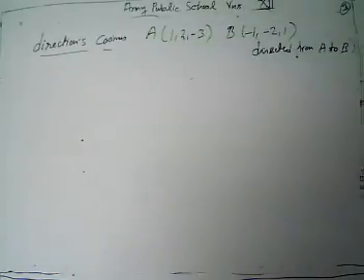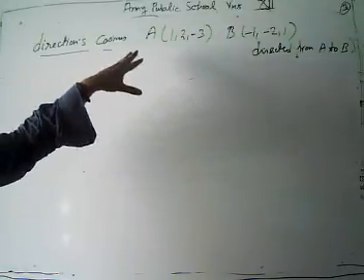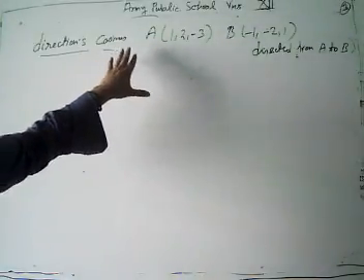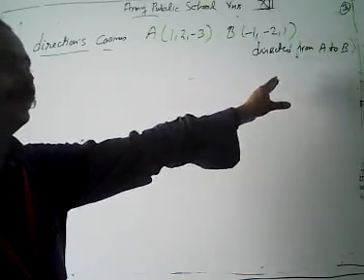We have to find the direction cosines of vector AB of the points A and B, directed from A to B.